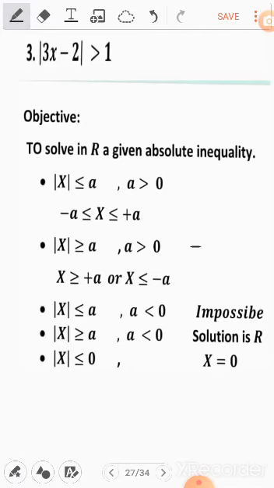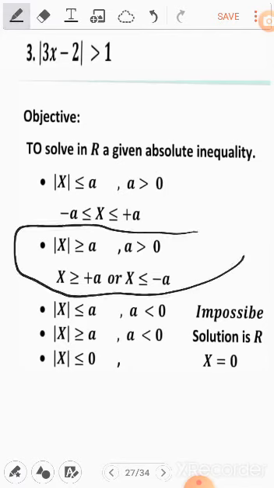This is the second formula. Absolute x greater than or equal to a, where a is positive: then x is greater than or equal to plus a, or x is less than or equal to minus a.